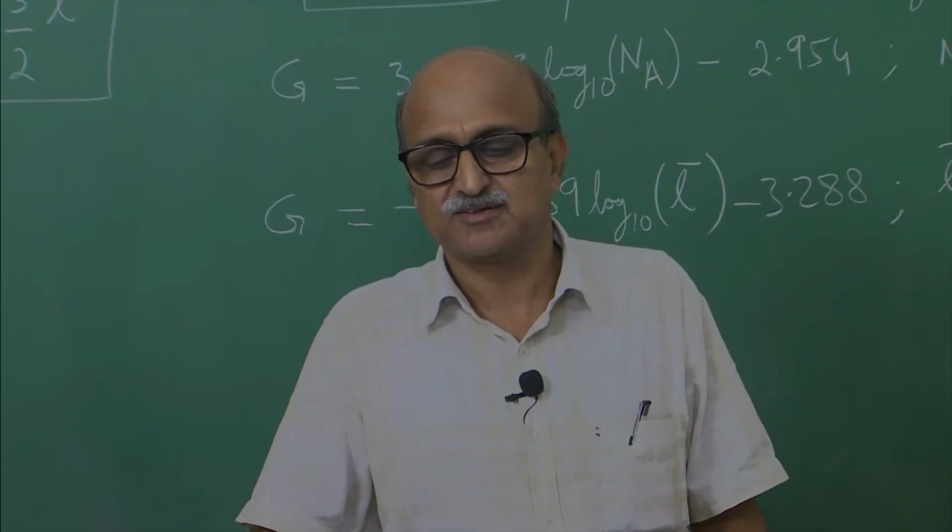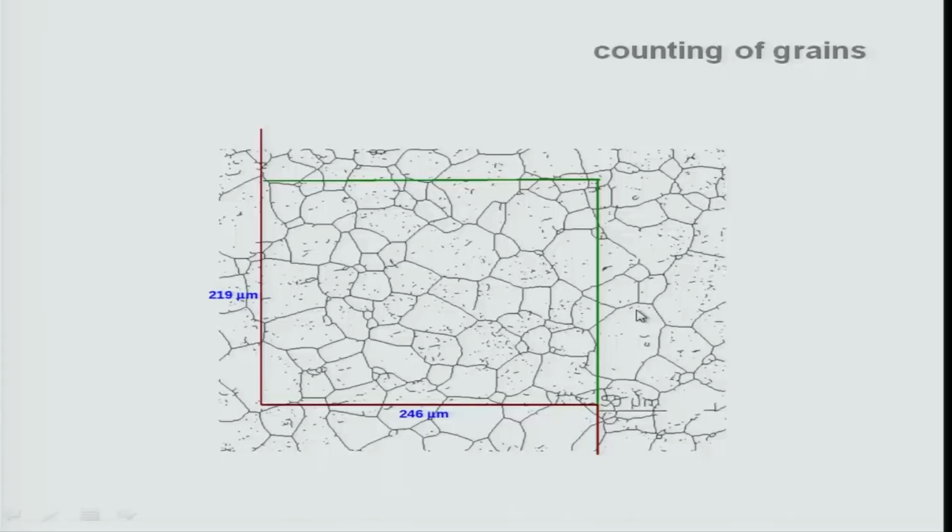If a grain intersects a green line, we count it as a whole grain. And of course, any grain which is not touching either the green line or the red line of the mask, but is completely inside the mask, will be counted as a whole grain. So, here is my mask.